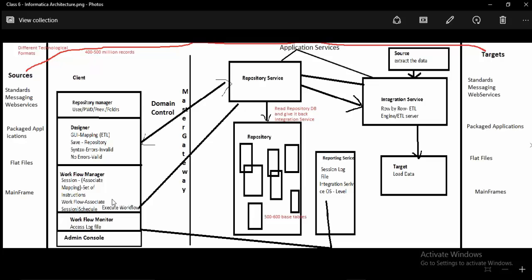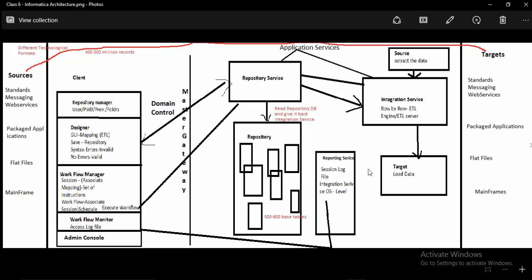As I told you, whenever you run the job, you can see all the transactions on your monitor by using your workflow monitor. It's a tool which opens whenever you run the job. You can open this workflow monitor tool and see how much time each transaction is taking, how many records are passed, how many records failed to load. So all these things you can see on your monitor.